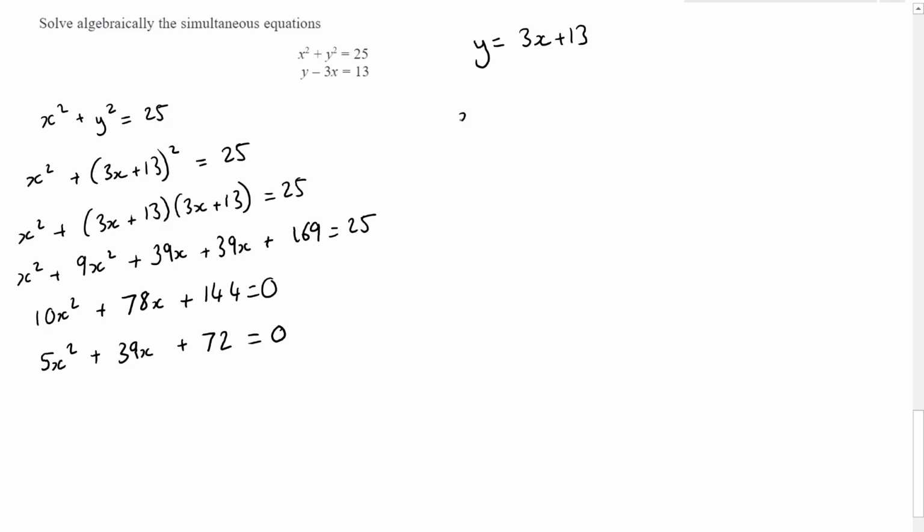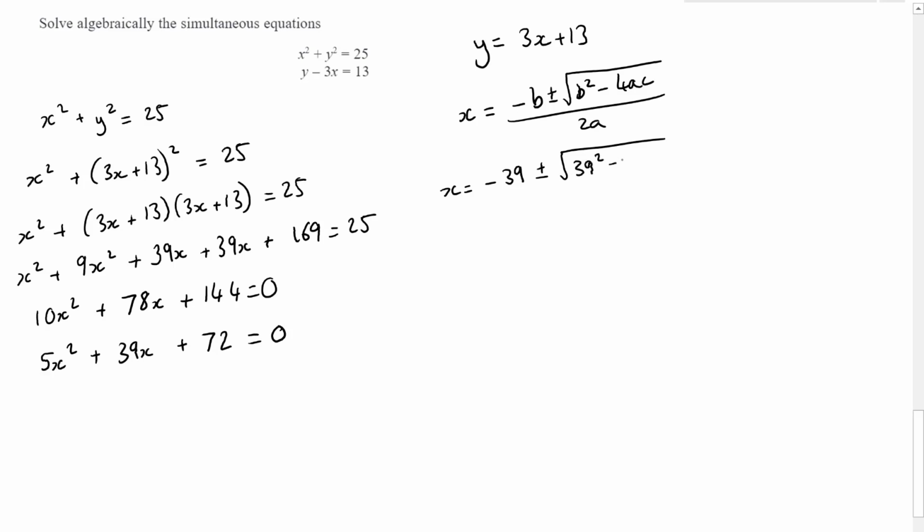And so we're saying that x is equal to minus b plus or minus the square root of b squared minus 4ac all over 2a. So our expression is that x is equal to minus 39 plus or minus the square root of 39 squared minus 4 times 5 times 72, all divided by 2 times 5, which is 10.